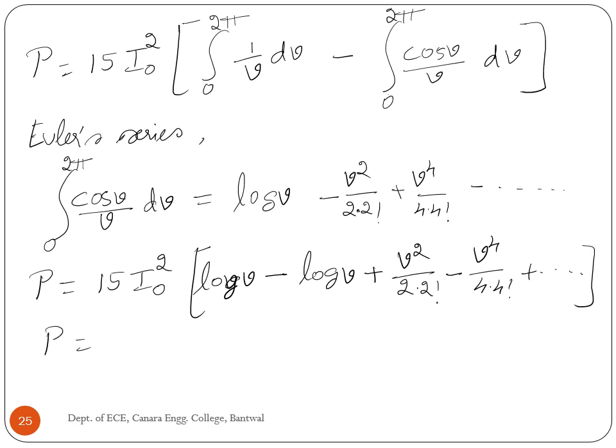Therefore P equal to 15 I naught square, log v cancels, and this is equal to 2.41.